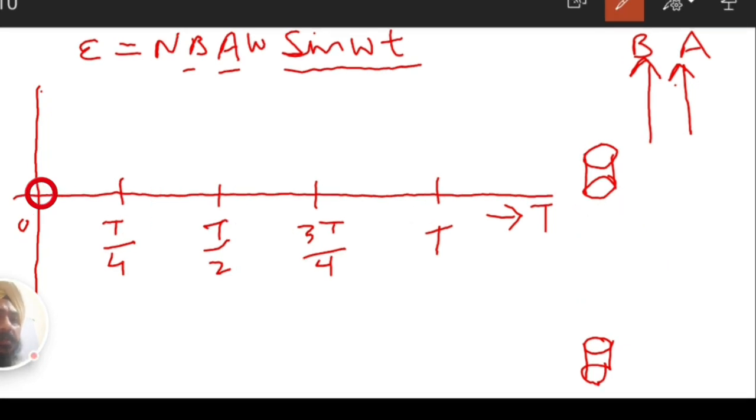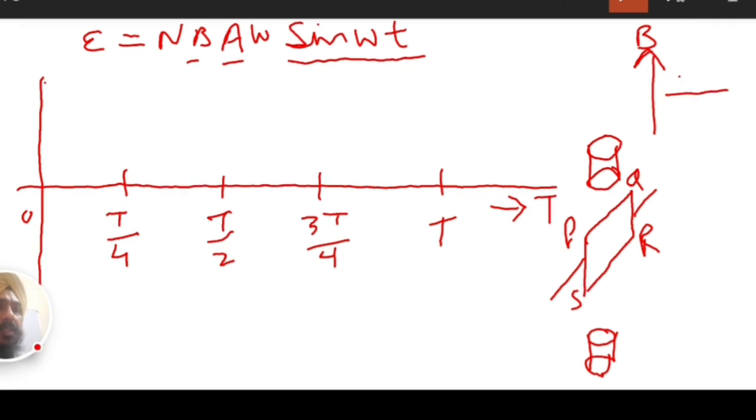The orientation of the coil becomes like this. P, Q, R and S. In this case, the area vector and the magnetic field are perpendicular to each other. So area is toward this side.